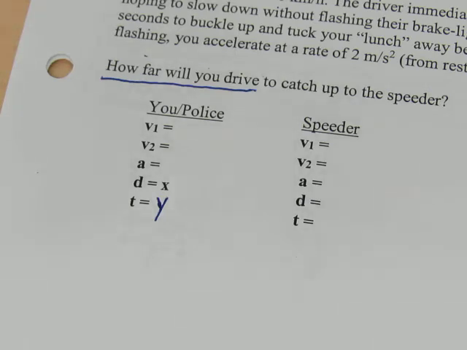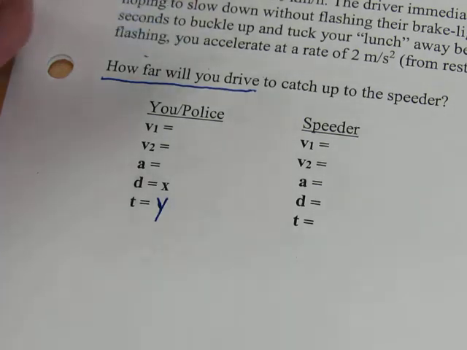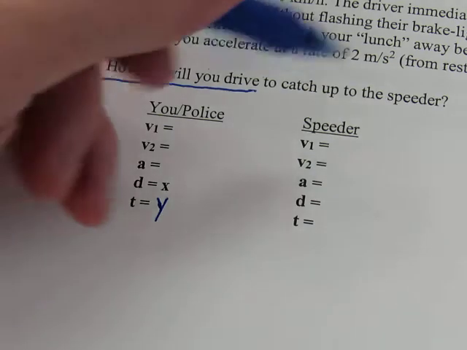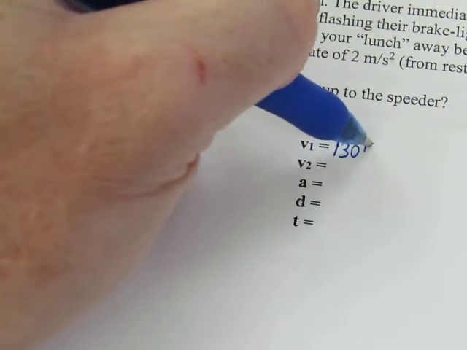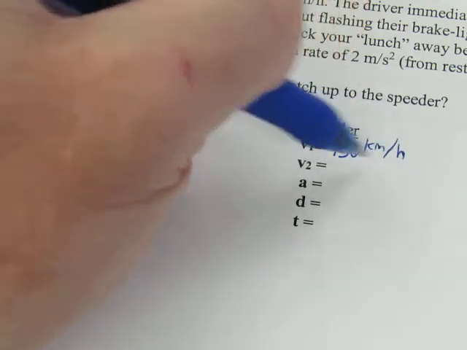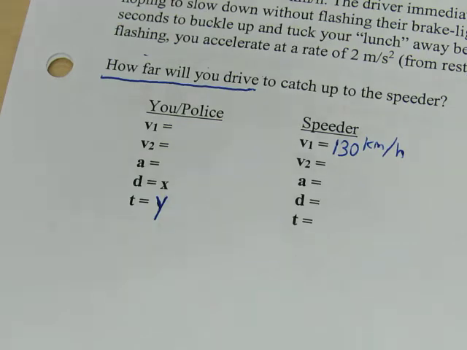So let's read this question. A car flies by you at 130 kilometers an hour. Well, that's going to need to be converted, and I don't have a calculator right beside me, so I'm going to leave that. So V1 for the speeder is 130 kilometers an hour, and please convert this into meters per second. I'll leave that up to you.